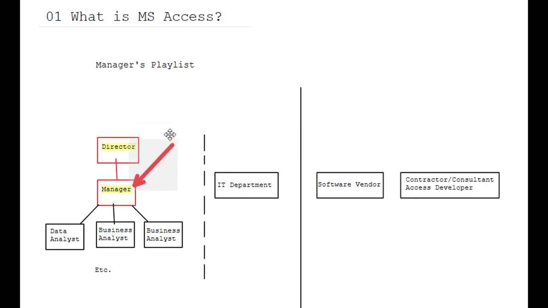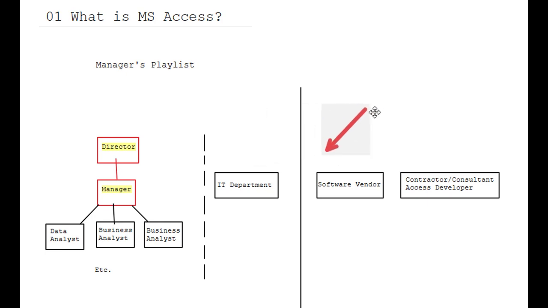company and is either the manager or director, part of a corporate hierarchy who has business analysts or data analysts working for him or her, perhaps numerous other individuals, and it's come to pass that you might need an Access database. You have an IT department, but you're not in the IT department.